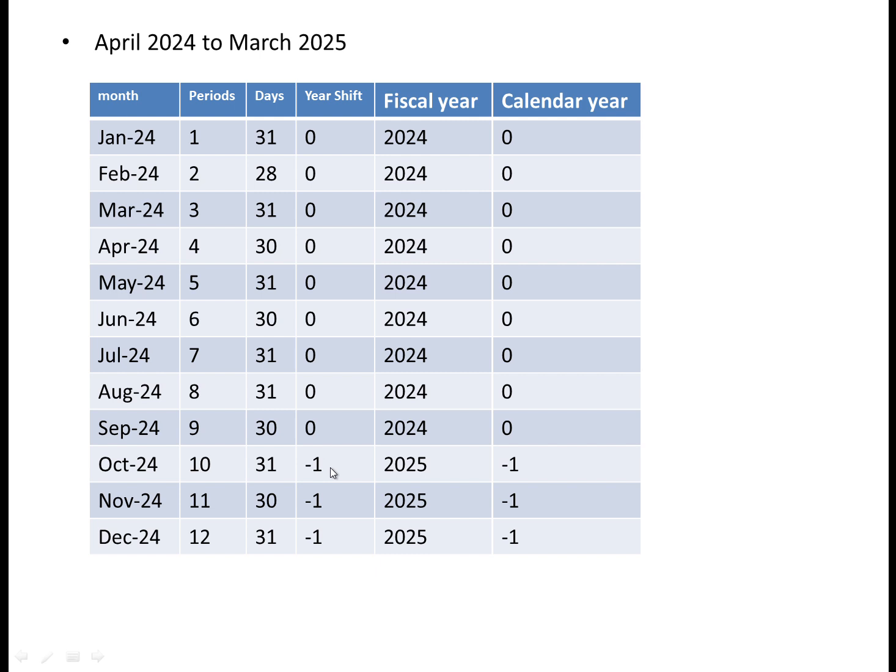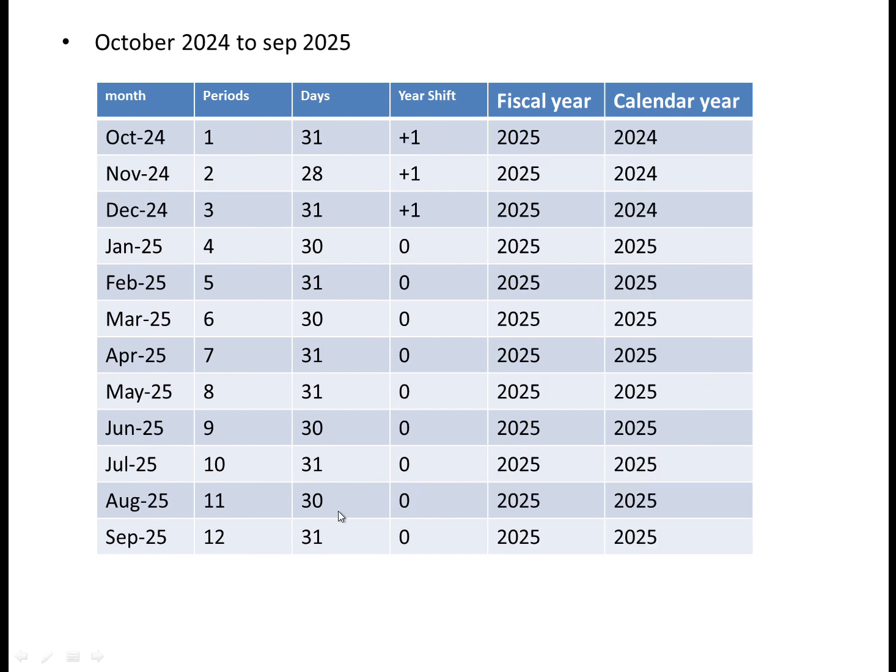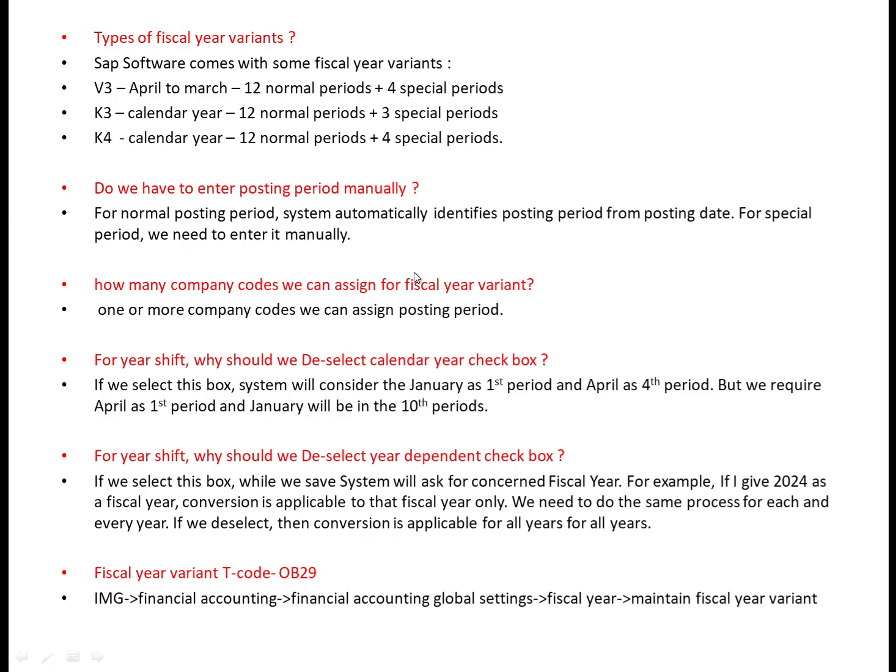If we apply -1, then the fiscal year will automatically become 2024. The transactions will be posted and come under the same 2024, so these year shift indicators will be used. There are 3 types of year shift indicators: one is -1, one is +1, and the other one is 0.